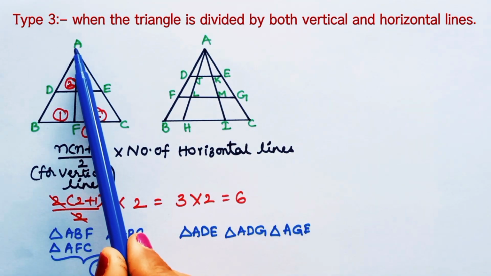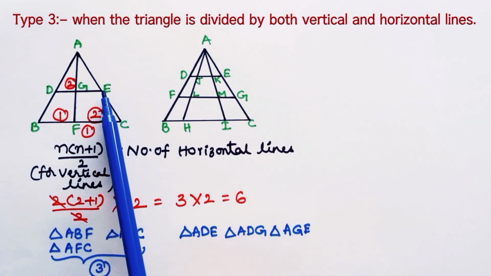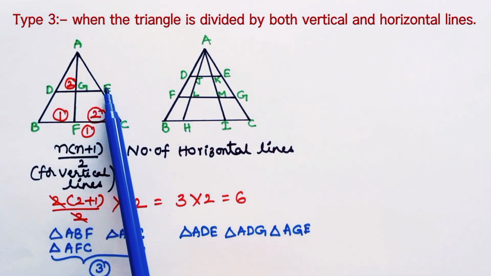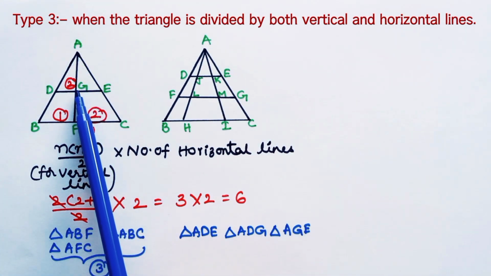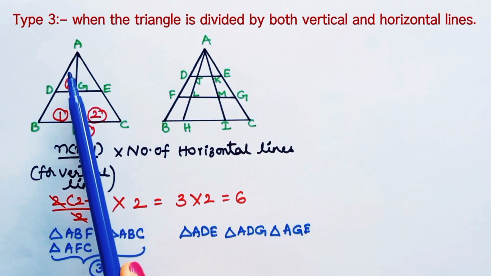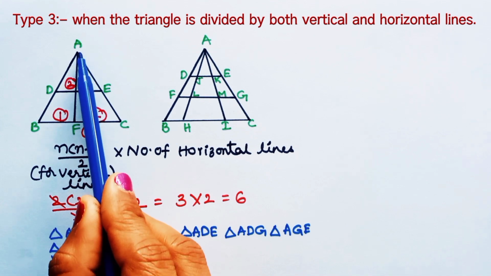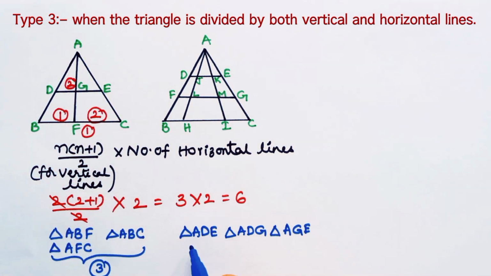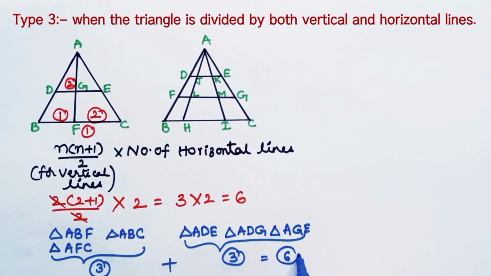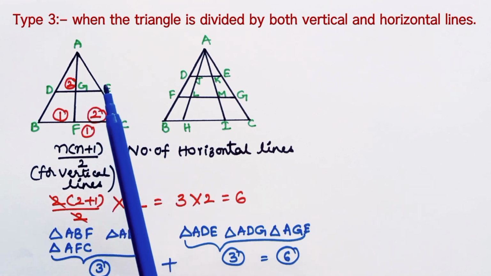So this triangle ADE is itself a triangle which is divided by the vertical line AG. So we can see 3 triangles: 1, 2 and this one 3. So totally we can see 3 triangles. 3 plus 3 is equal to 6 triangles. 3 plus 3 is equal to 6 triangles are present in the given figure.